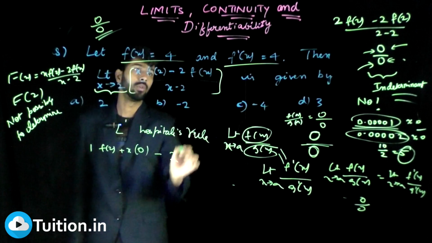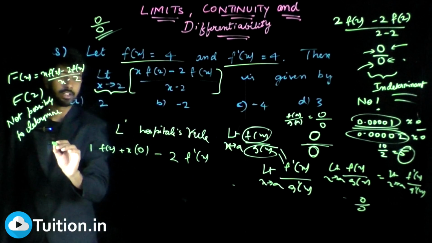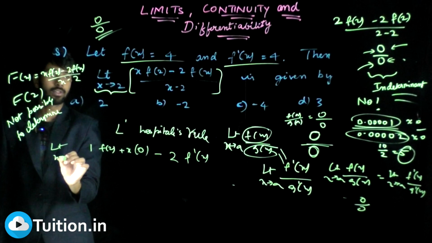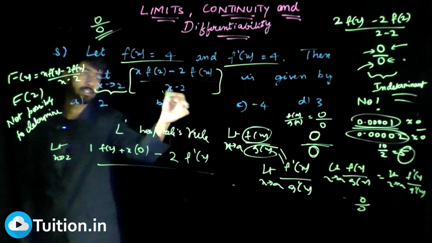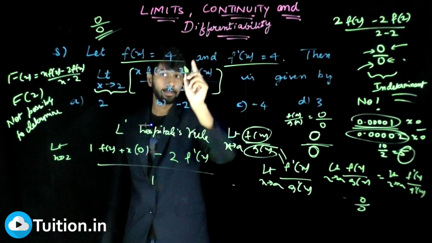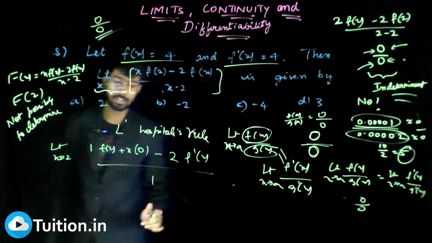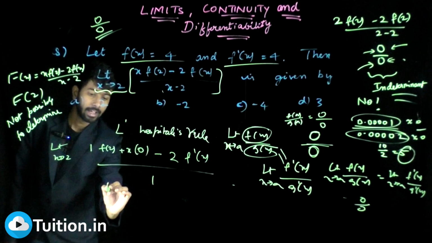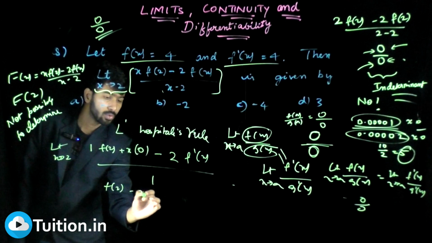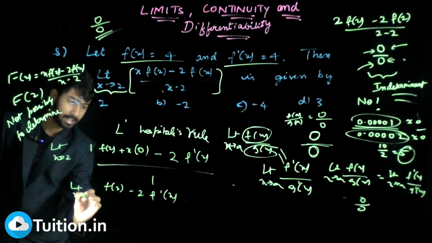So this is minus 2 into f dash of x, and your x is tending to 2, and the denominator, differential of this is simply 1. So I'm doing the ratio of the differentials. I'm not doing u by v rule, mind you, I'm doing differential of this by differential of this. So you simply have f of 2 minus 2 into f dash of x, and your limit x is tending to 2.